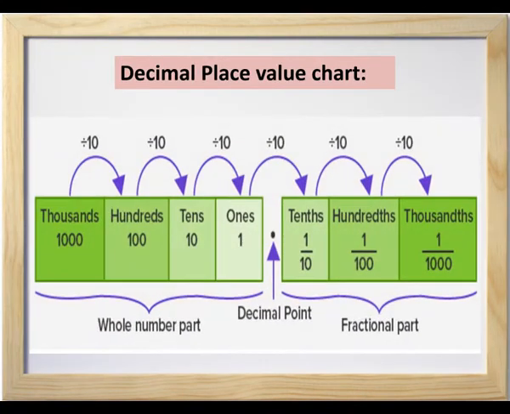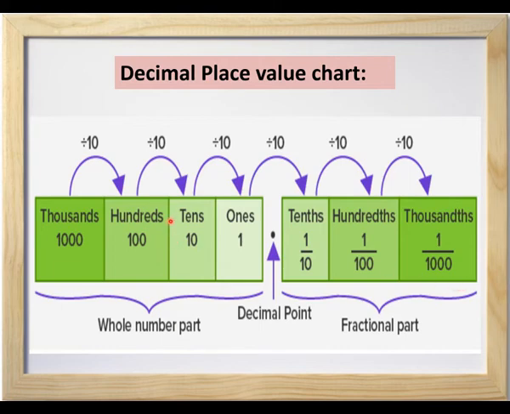Children, let us study the decimal place value chart. Here, the point is called the decimal point. The number towards the left of the decimal point is called the whole number part, and the number towards the right of the decimal point is called the fractional part.